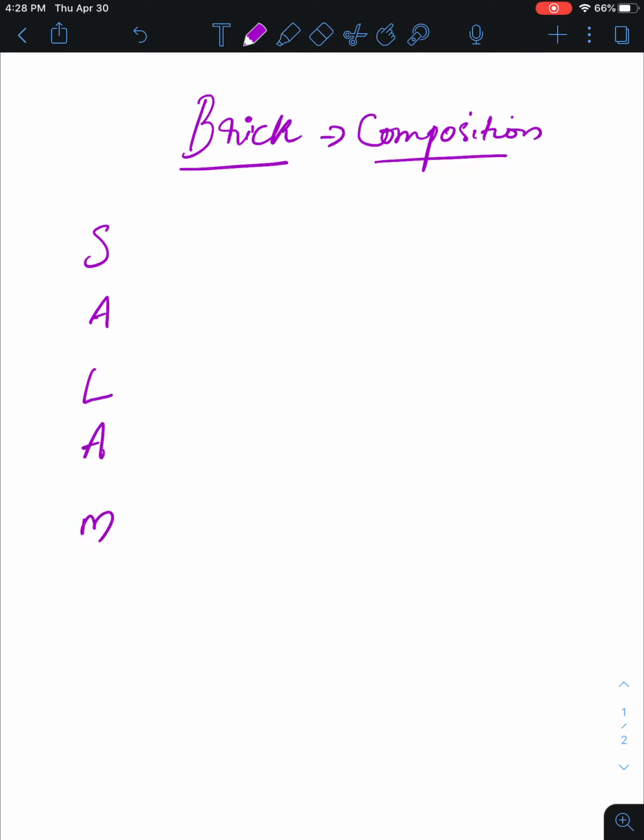Salam. Okay, see, brick color is given as red. So red color or deep red color is given by iron. So we should not forget about iron. We have to include iron, not the least but before that. These are the constituents of brick.